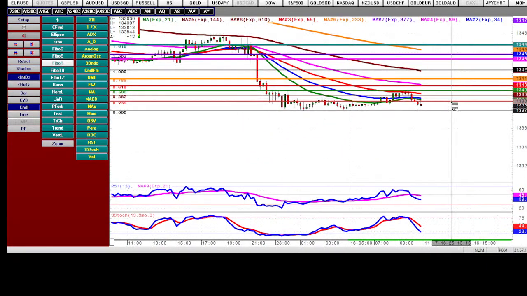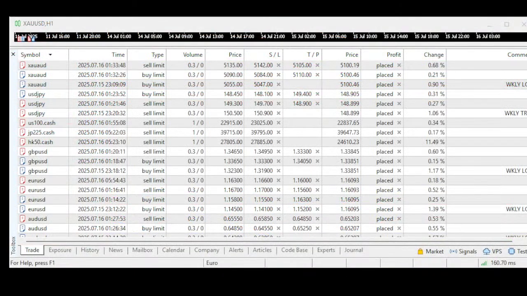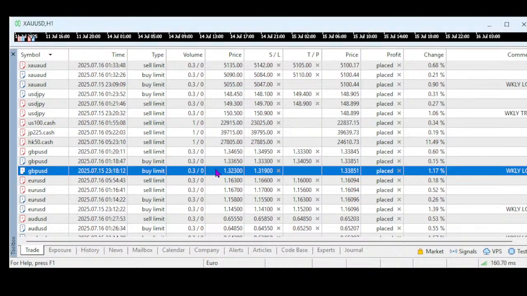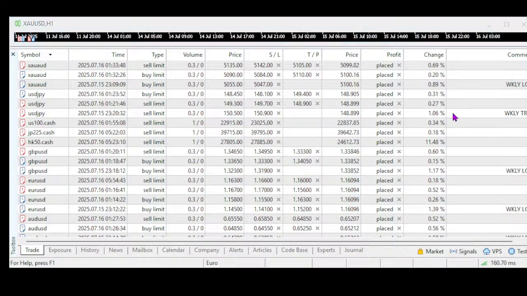So let's see how we can put in this order. So we have 4 orders on this again. Okay, we have a weekly low buying order which is 32.30, and the TP I think we can give it as 33.10 because we need to exit before 33.20.